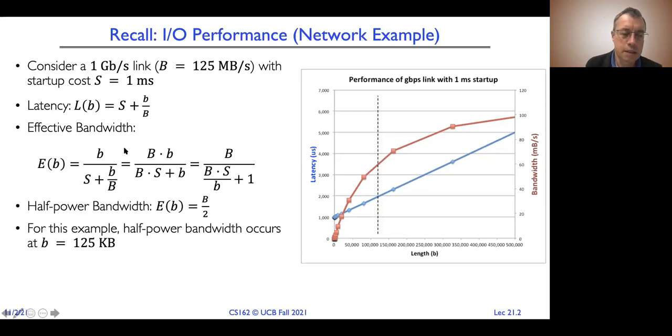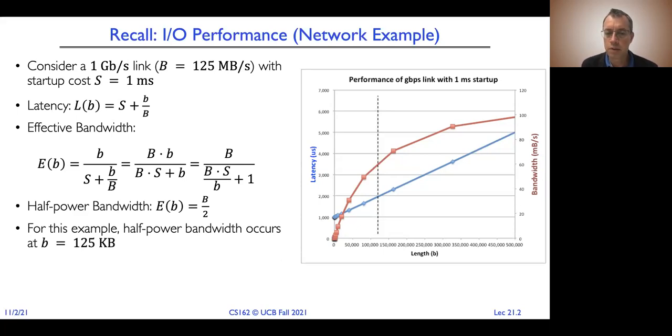You notice that if S is 0, then the effective bandwidth is equal to capital B, which is expected, because there is no fixed overhead, so you can send data as fast as the capacity of the link.